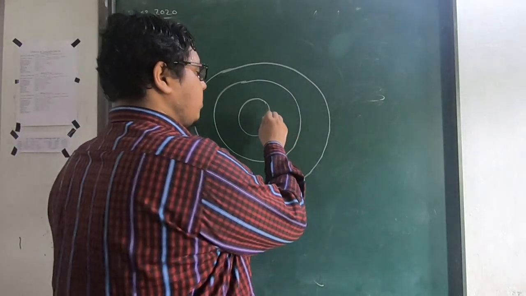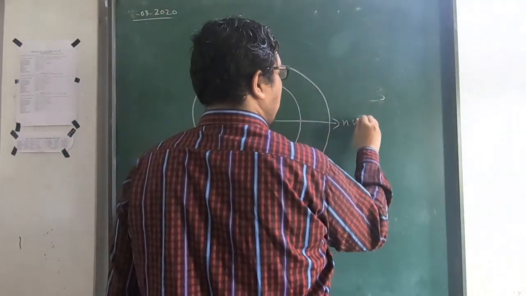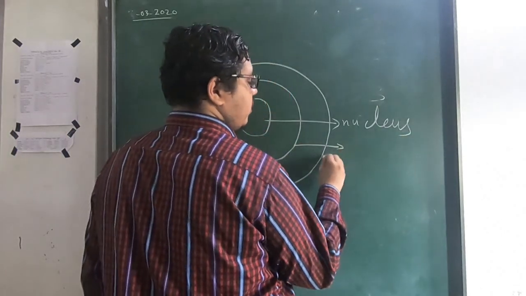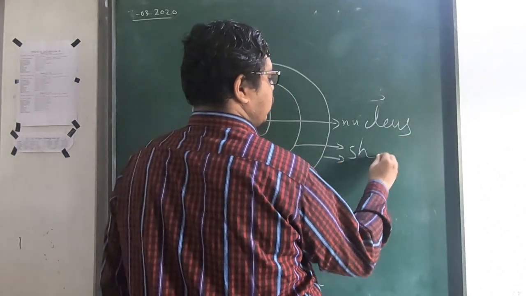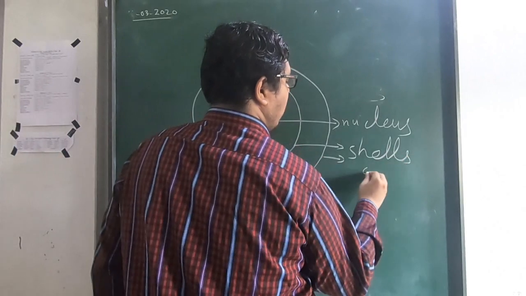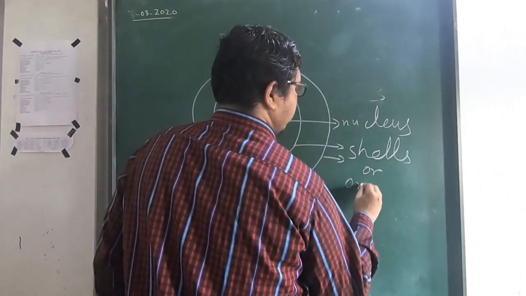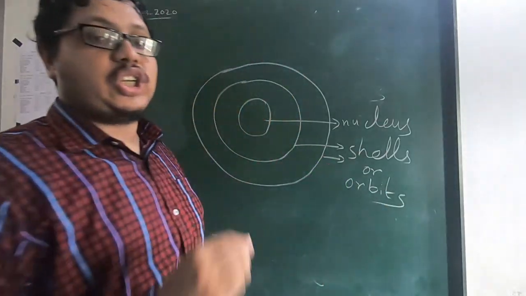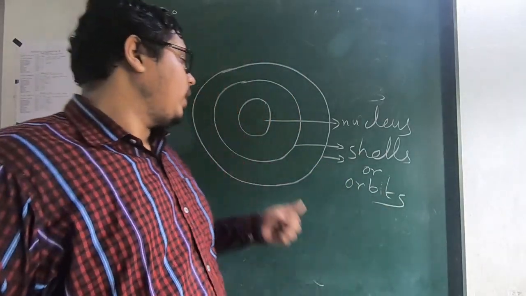Shells. This is the nucleus and the surrounding parts are known as shells or orbits. Shells or orbits. Okay?